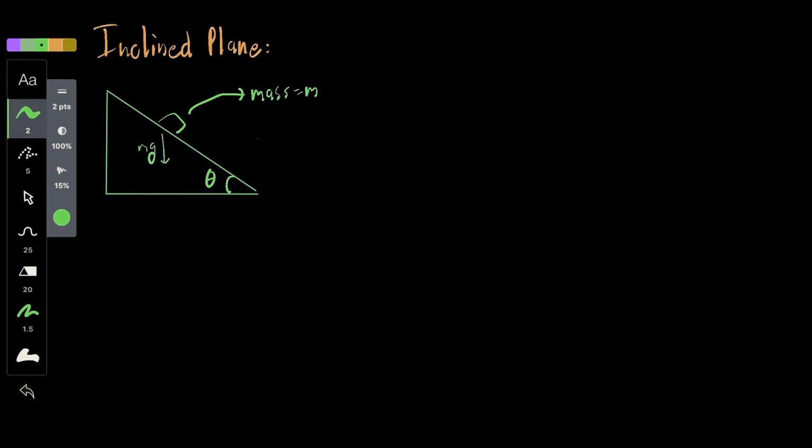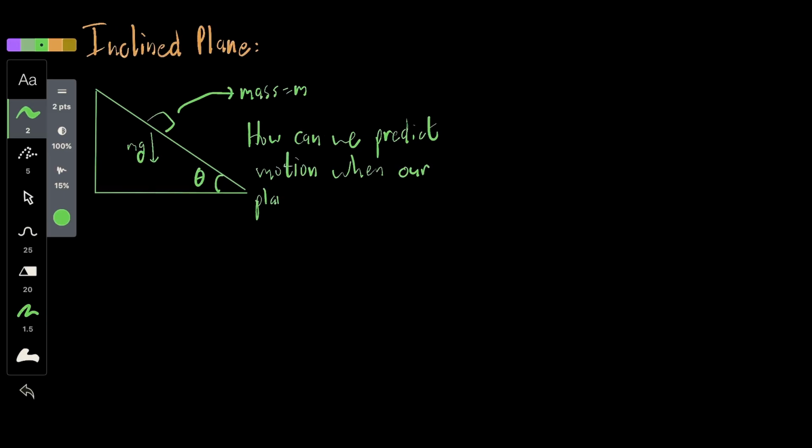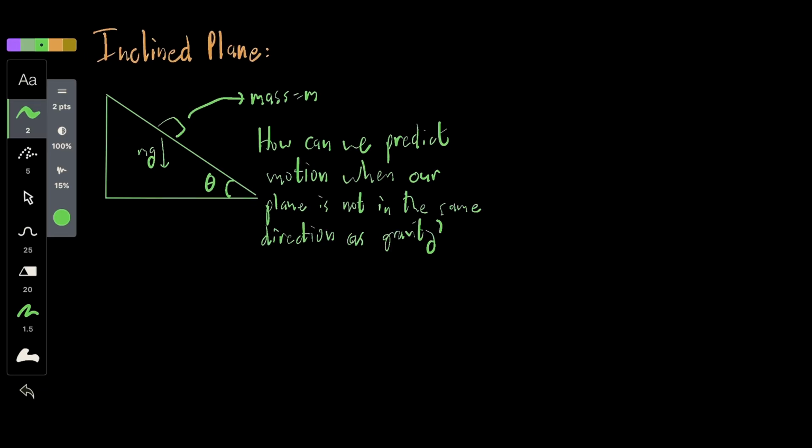So the question is, how can we predict motion when our plane is not in the same direction as gravity? The answer to that lies in splitting gravity up into two components.